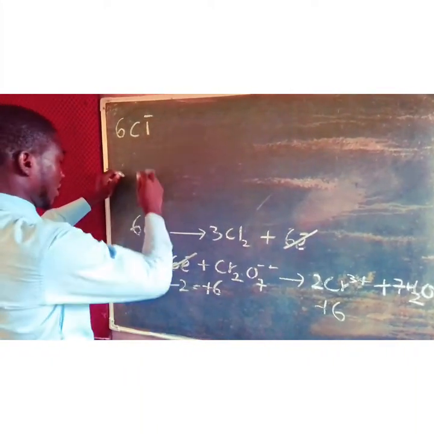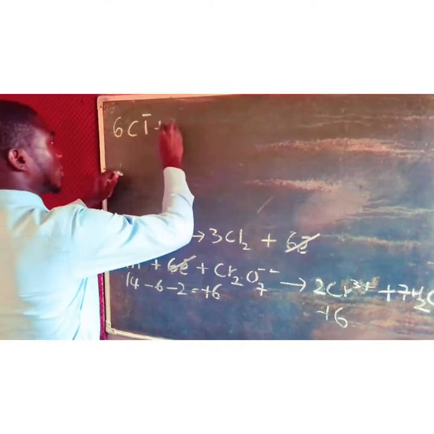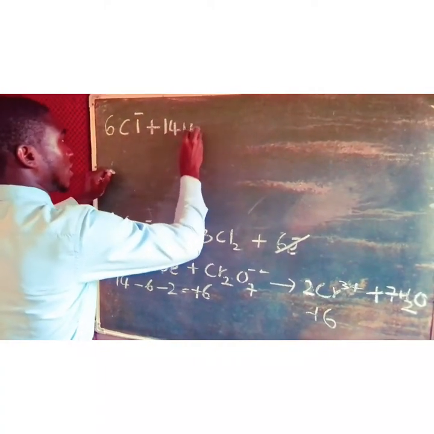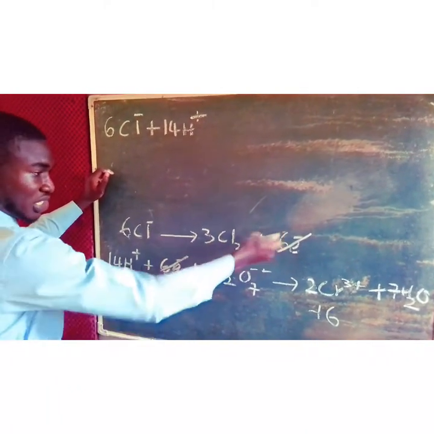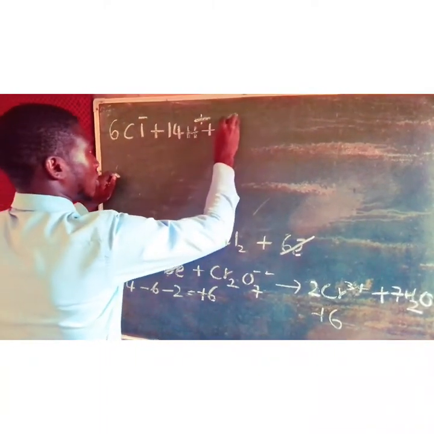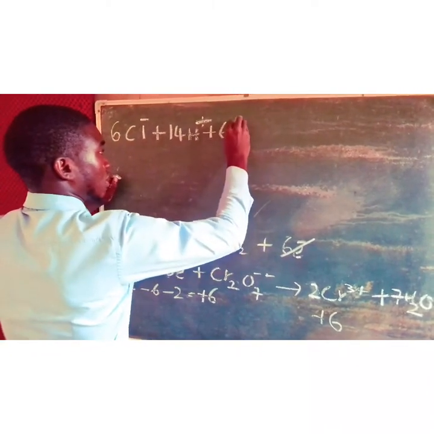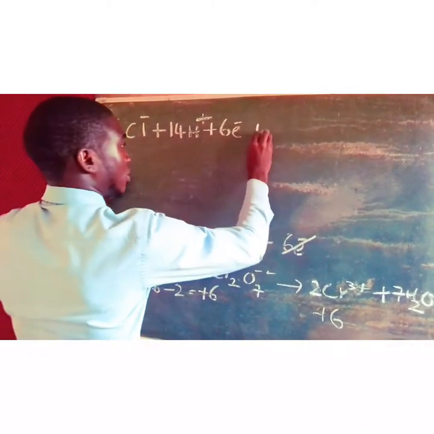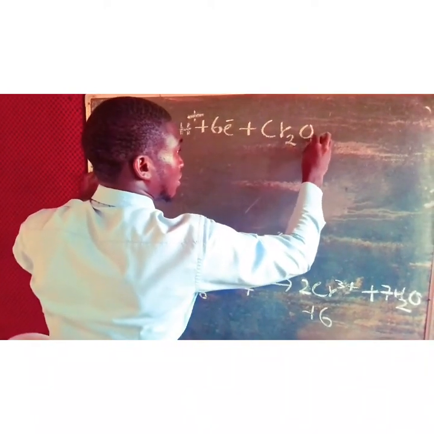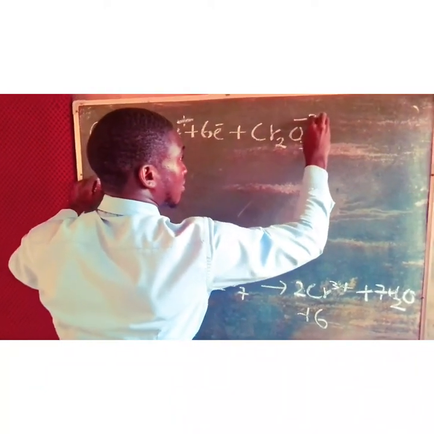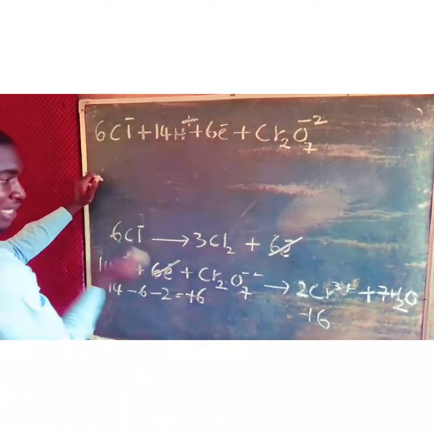So we have this, then plus 14 H+, considering the reactant part. We can add this electron so that you see the reason why I cancelled it out. Plus 6e-, then plus... so we are done with the reactant part.